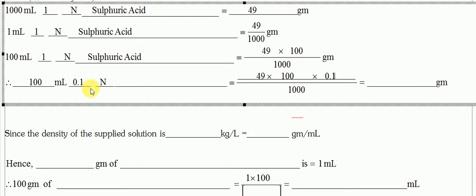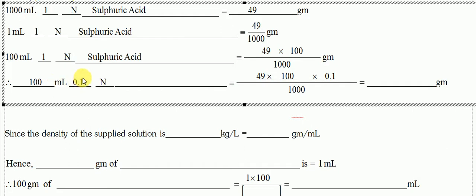with 0.1 normal. Since this whole thing is for one normal sulfuric acid, that means unit normality of sulfuric acid, and as the volume does not change, we have to multiply this unit volume with 0.1 normal. If it is a value other than 1, we have to multiply that value.